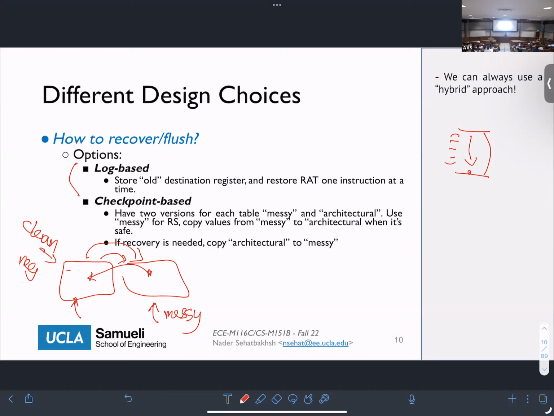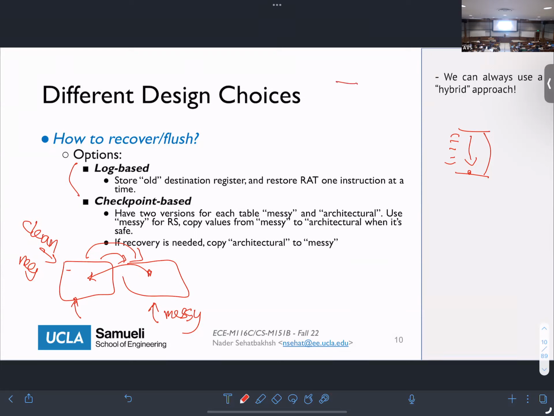Nice, good question. The question is, what if we have multiple branches? Then you might need to do multiple of that, or at least at some point you need to do something in your messy. But that's exactly the problem with this approach, that at some point you cannot go further down. There are multiple ways of checkpointing.